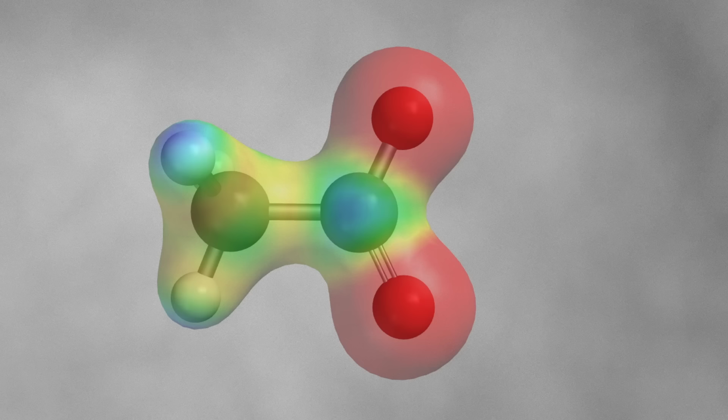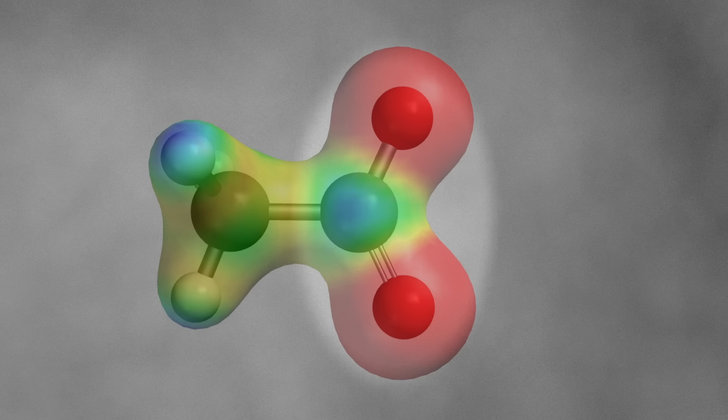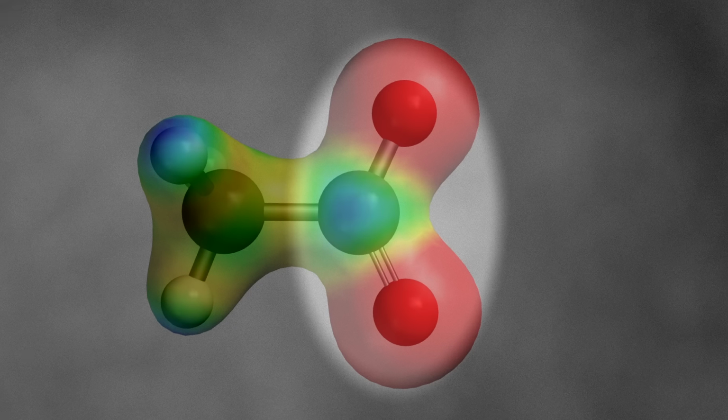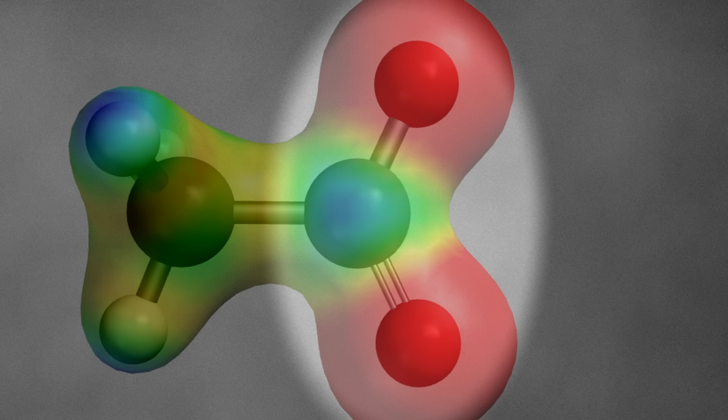I won't go into the details here, but resonance means the negative charge can be spread over these three atoms, which reduces the charge density, and that means it's stable enough to not need a proton for a significant amount of time. And that's why acetic acid is an acid.